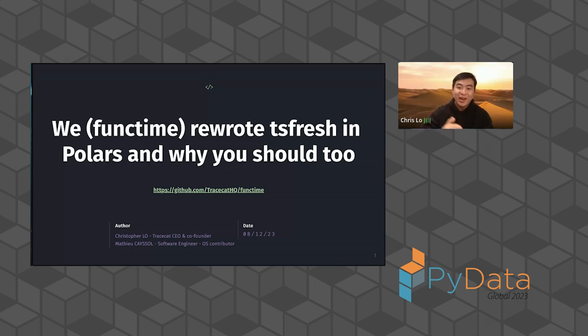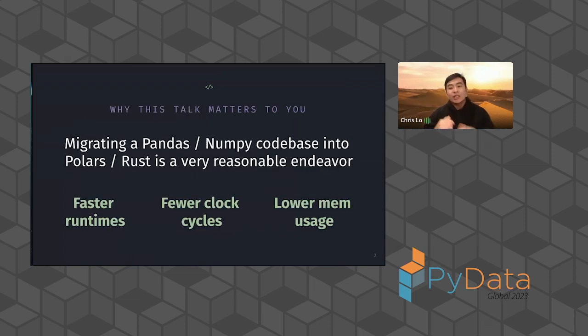Hopefully we can demonstrate that Polars is in fact production ready, and that migrating your existing Pandas and NumPy code base into Polars and Rust is a very reasonable endeavor. If we can do it, I'm sure so can you.